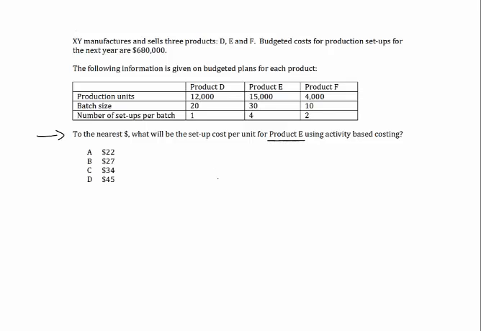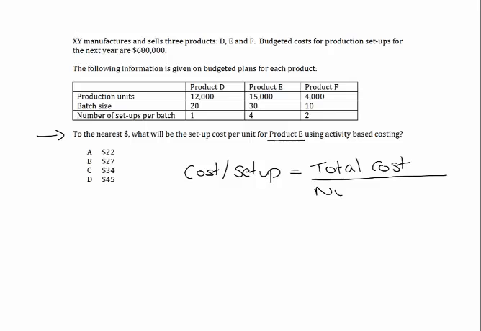So the first thing we need to work out is the cost per setup. And to do this, you have to take the total cost for your setups and then divide this by your number of setups.